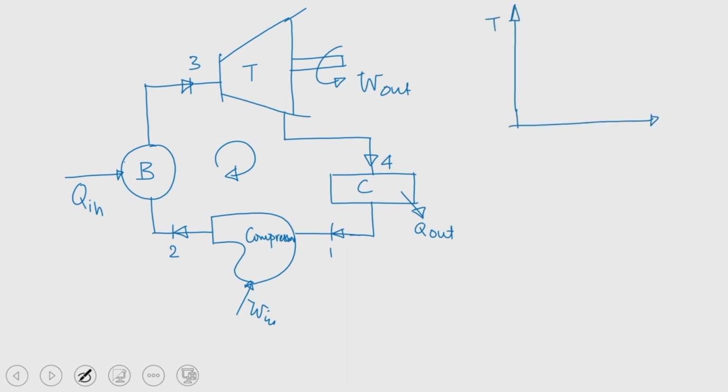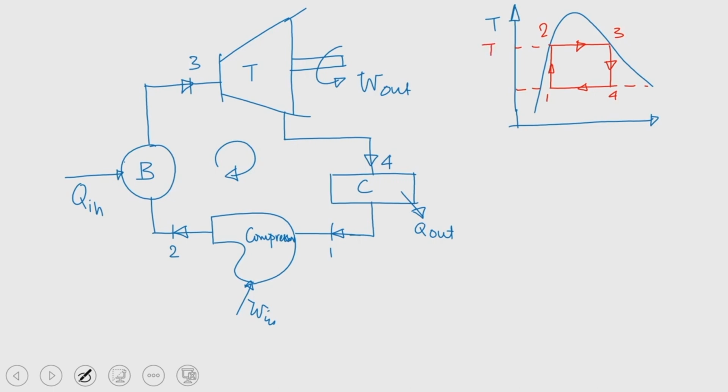We have discussed the T-S diagram, and if we use another color to represent it, so this is 1, this is 2, this is 3, this is 4.